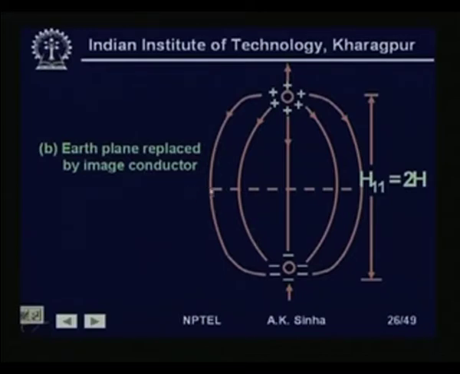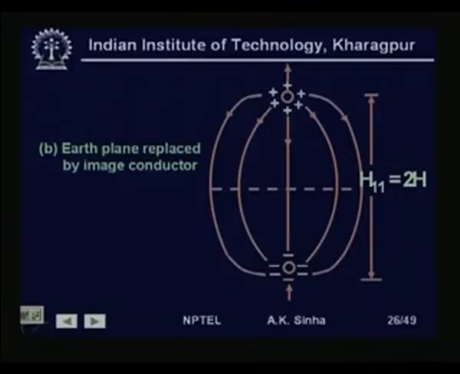Now, we see this field lines configuration is same as if the ground was there. So, even if we remove the ground with this image conductor placed here, the field line configuration does not change, or the effect of capacitance will not be changed.